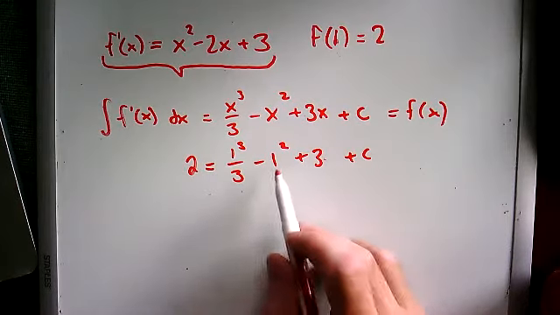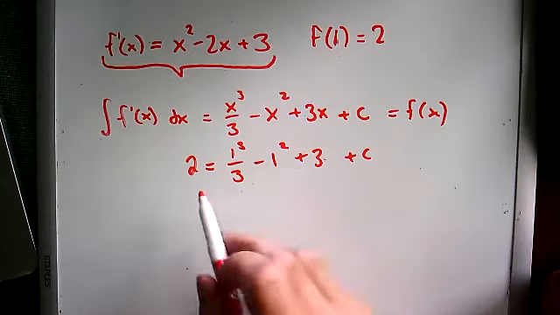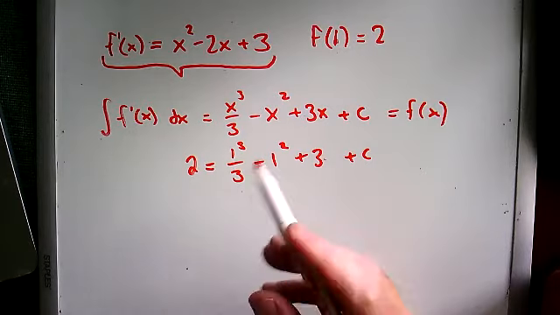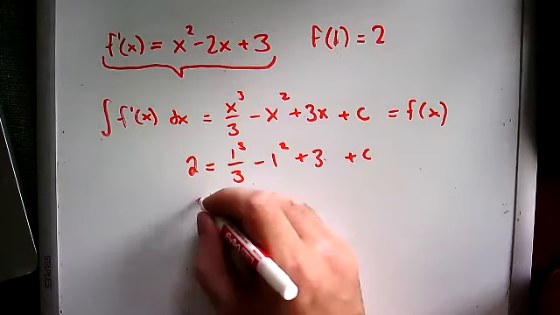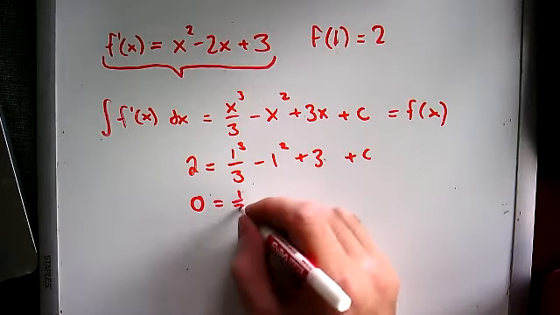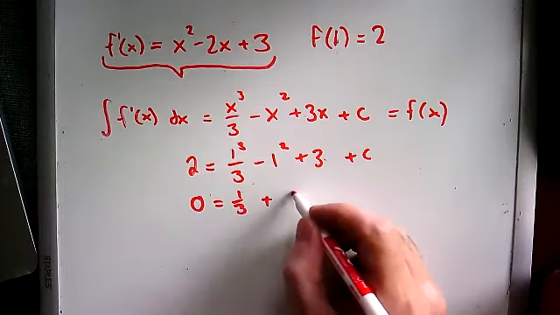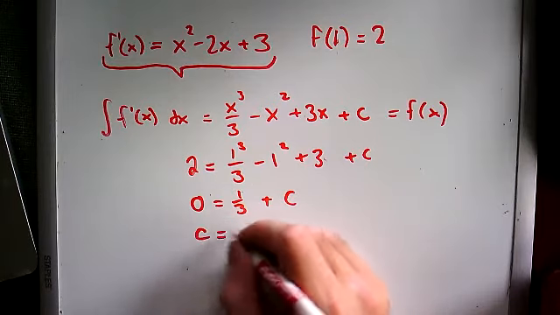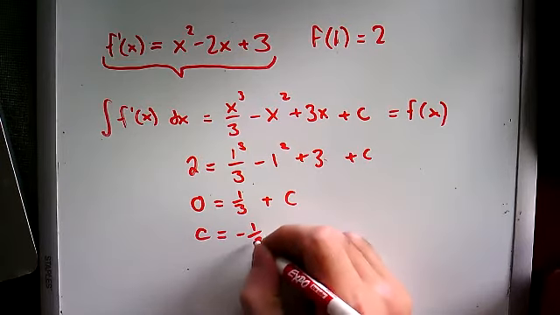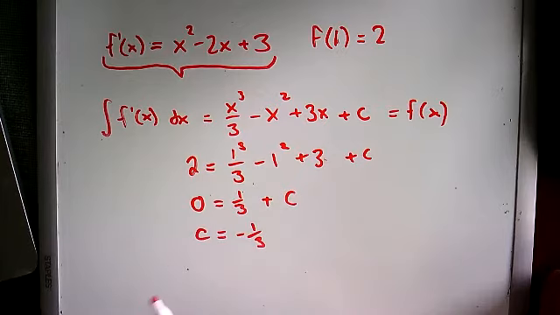So let's see. I can subtract 3 from both sides, giving me negative 1 over here. And add 1 to both sides. So then we have 0 equals 1/3 plus c. And then subtract 1/3 from both sides, and we get c equals negative 1/3. Okay, so again, I'm almost there to full credit on the problem.